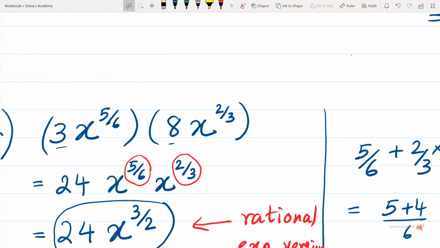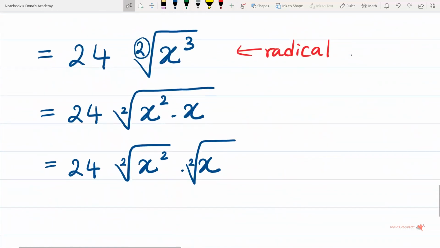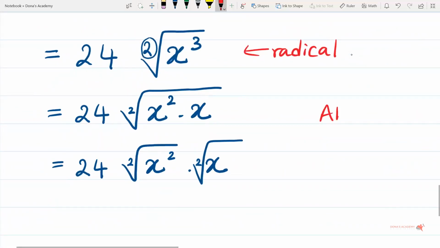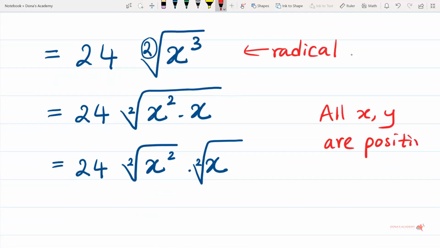Because otherwise you have to consider the absolute values when it comes to even indexes. So here I am assuming all x, y's are positive, right? Unless otherwise specified, you can assume that.